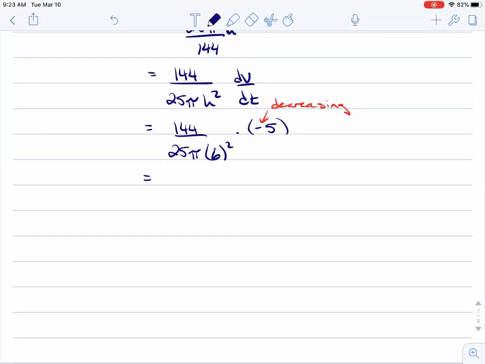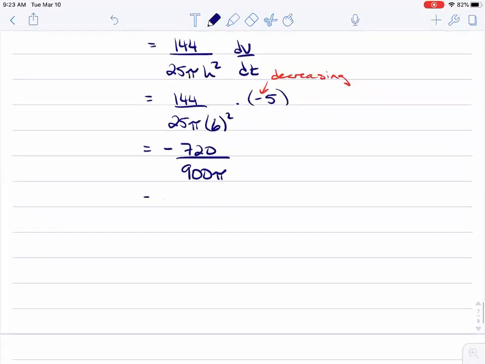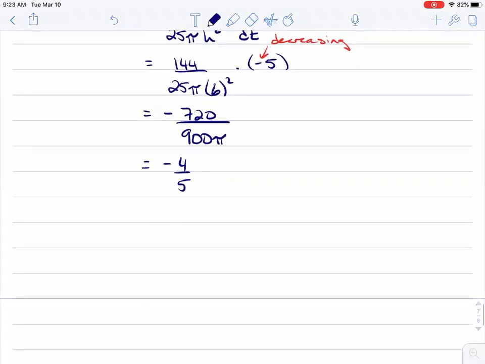So I get -144 times 5, which is -720, divided by 6 squared times 25, which is 900 pi. 720 divided by 900 simplifies to 4 over 5, so I get -4 over 5 pi.